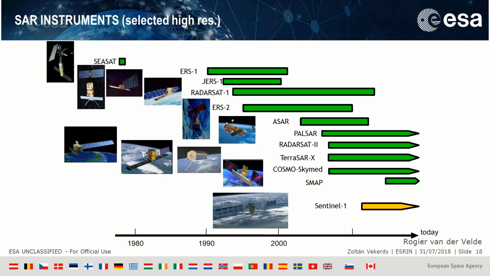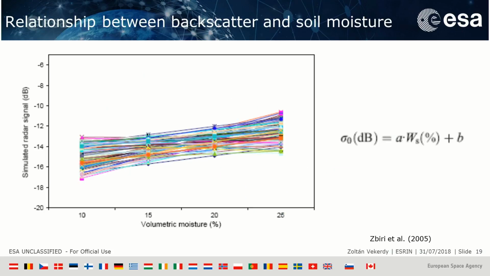I'm not going into details whether it's good that we don't have a full polarimetric setup, or we don't have. We can still use Sentinel-1 for soil moisture estimates. What is the trick?